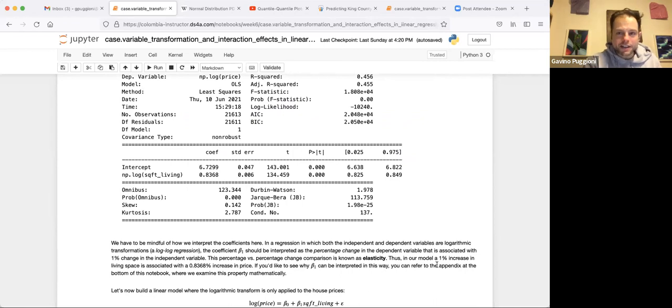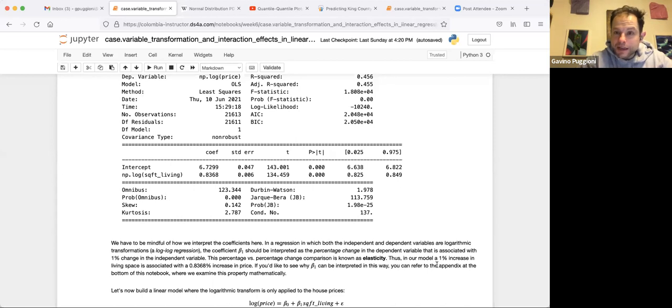Those of you that have studied economics will know that elasticity is what we talk about when we talk about prices and how the prices react to changes in demand and so on. All right.